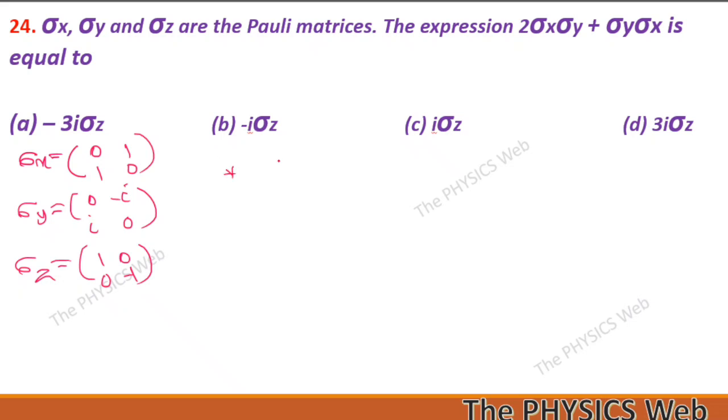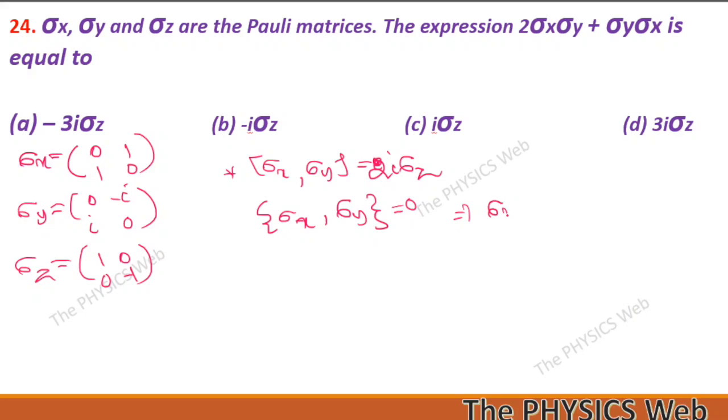And remember, the commutator bracket [σx, σy] equals 2iσz, and they anti-commute. That is, {σx, σy} equals 0, which means σxσy plus σyσx equals 0.